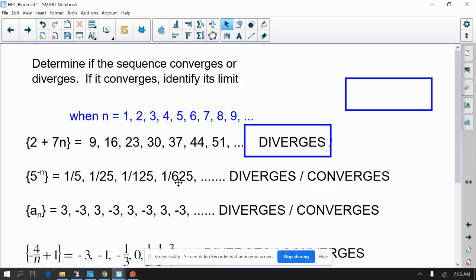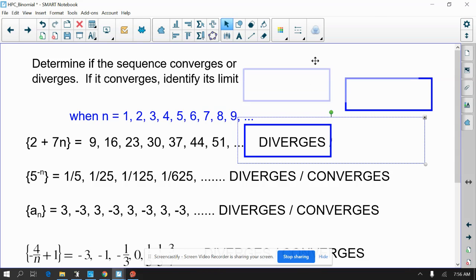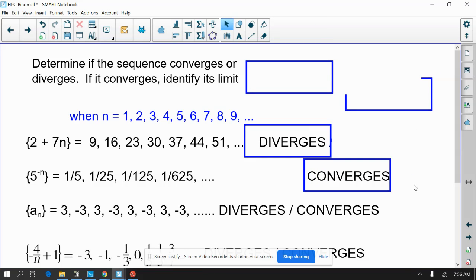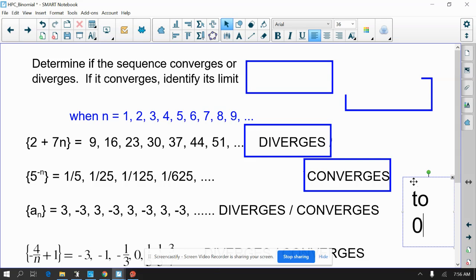And the math word for nothing is 0. So as this sequence moves along, this is only the 4th term. When I get to the 100th term, it's going to be really, really close to 0, right? So this one converges, and it converges to 0.